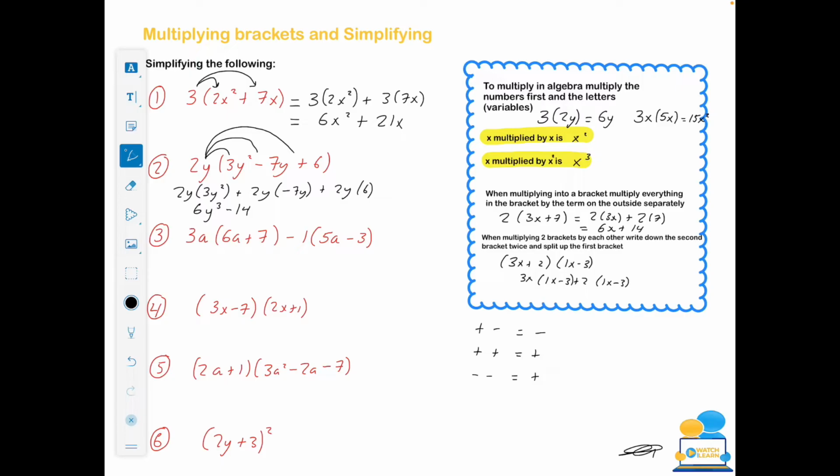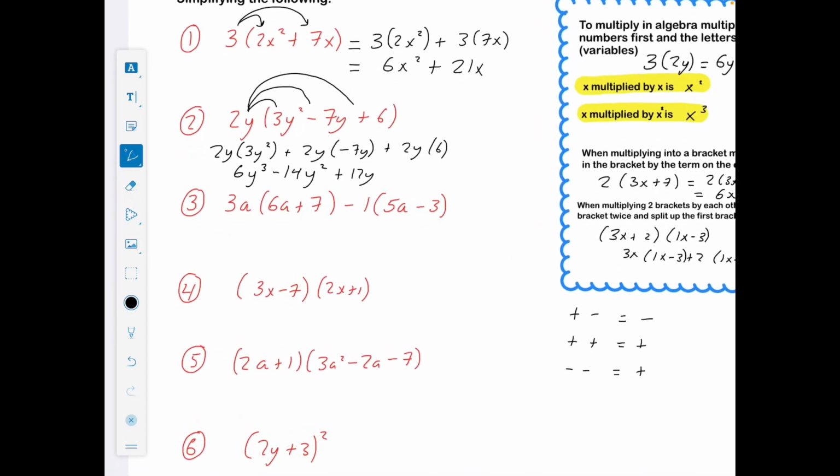Two positives multiplied together are positive, and two negatives multiplied together is a positive as well. You can check that on your calculator anyway. You could put in 2 multiplied by minus 7, and it will give you minus 14. And then we have y multiplied by y, which will give me y squared. And then we have 2y multiplied by 6. 2 by 6 will be 12y. Again, that's my final answer. Can't simplify that any further.